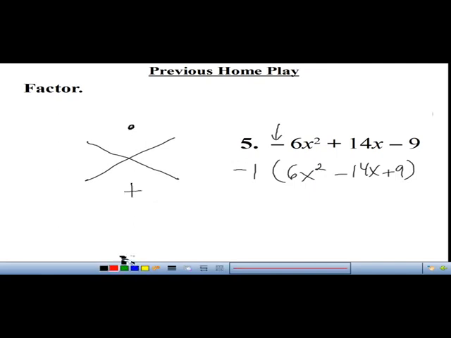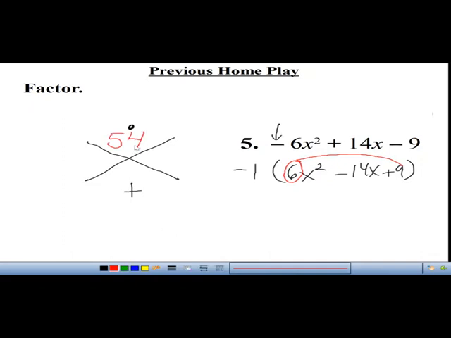So what do I write on top? If it has a leading coefficient, we multiply that times the last, and that gives us 54.